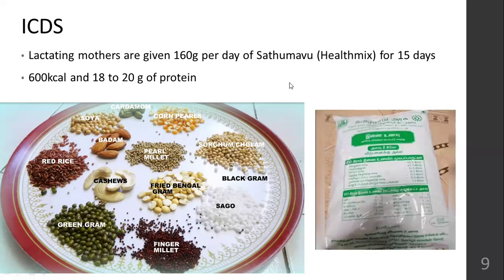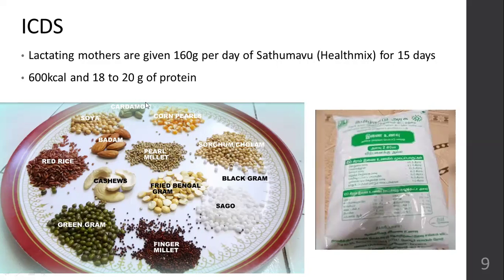And this sattumavu will give mothers 600 kilocalories just by mixing it in water or milk and having it. It has 18 to 20 gram of protein. What is sattumavu?